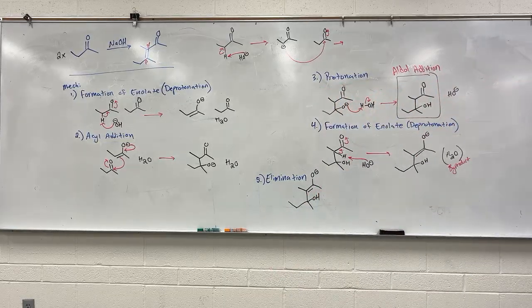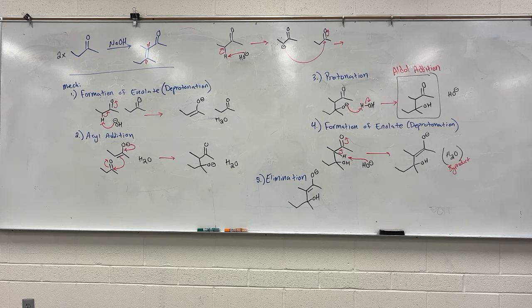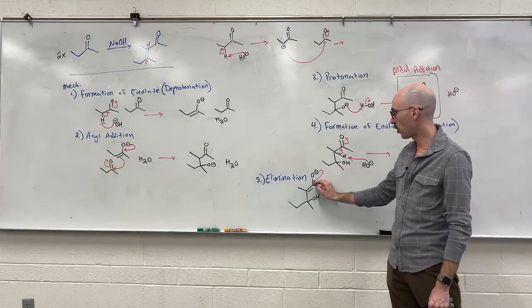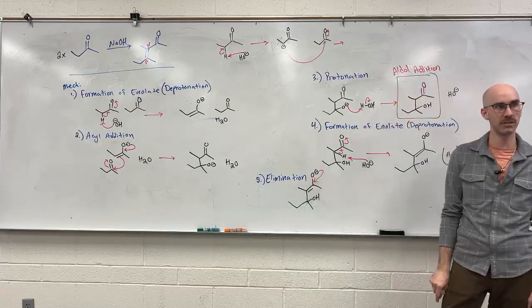What can I do? Hydroxy acts as a leaving group. If hydroxyl leaves, it gets kicked off as hydroxide. That's my catalyst, so I have regenerated my catalyst. If that's a leaving group, then my O minus falls back down to reform my CO double bond.